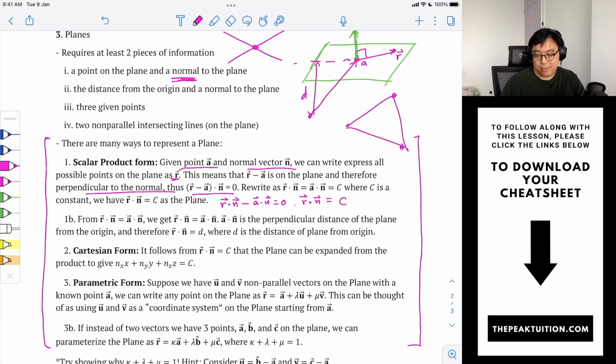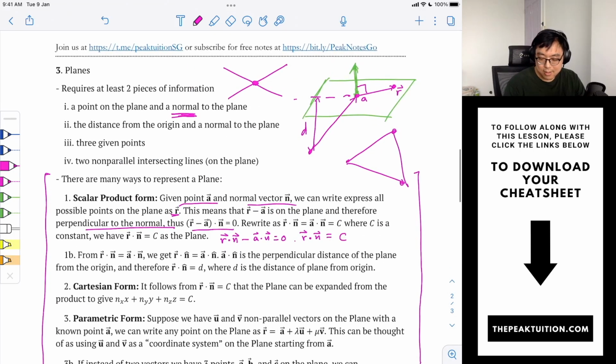So visually, we actually notice that when we shift this normal to the position where you are directly perpendicular to the origin, the normal is actually collinear with the perpendicular distance to the plane.